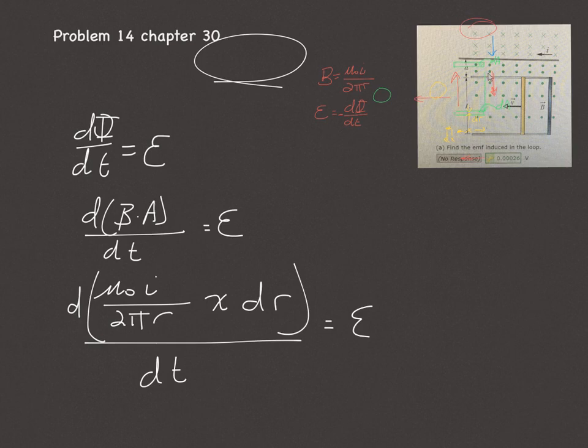All right. So since the magnetic field changes as a function of the distance away, we're going to group the magnetic field and the dr. And this is kind of like the total L there.